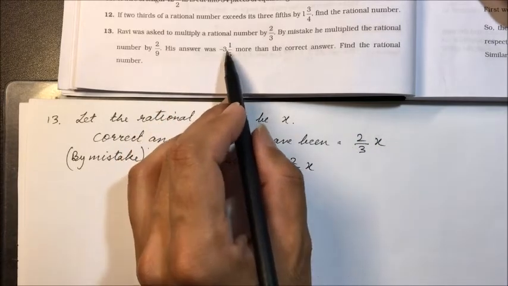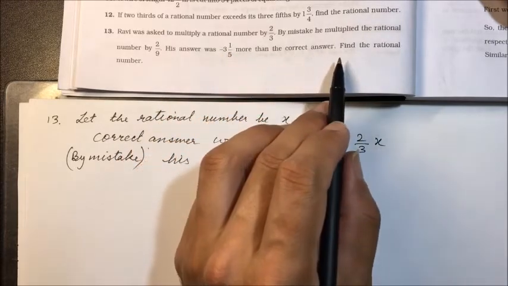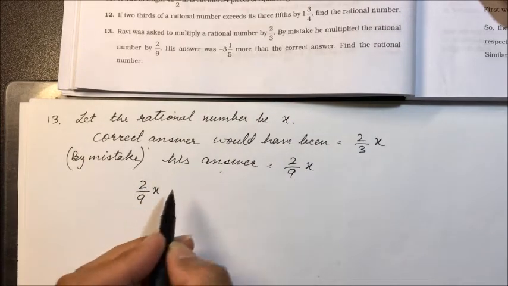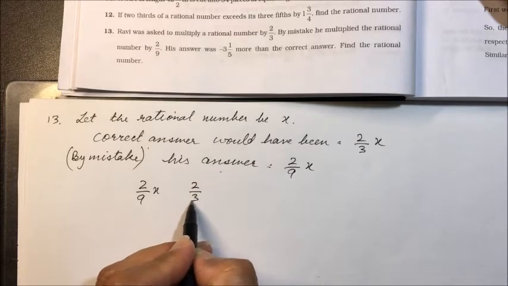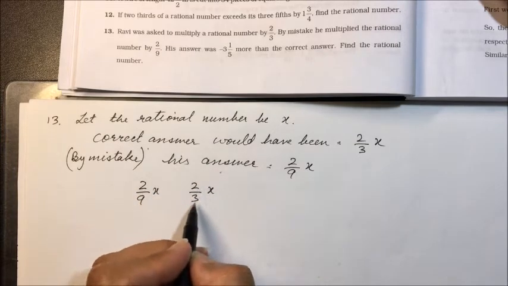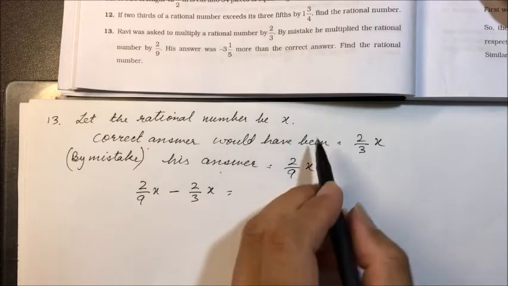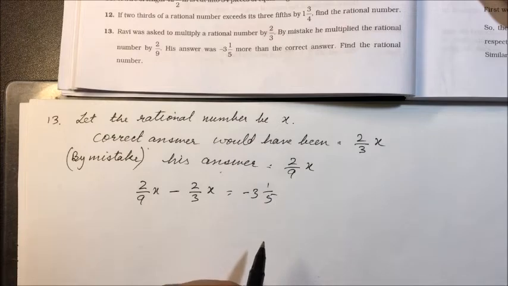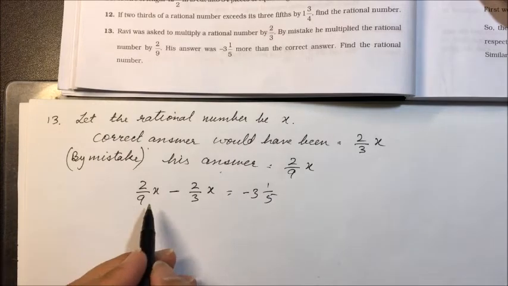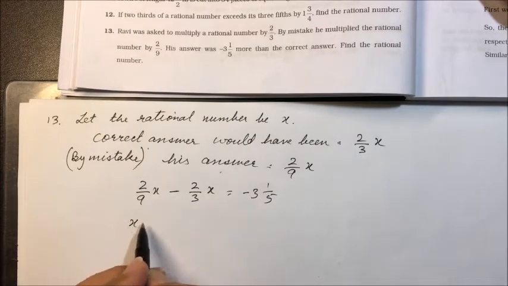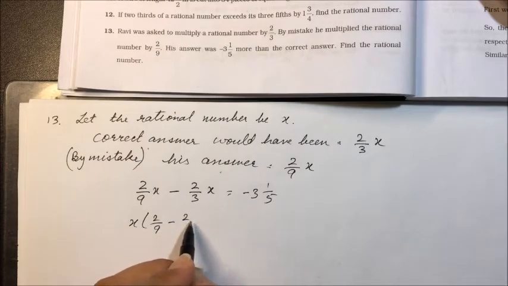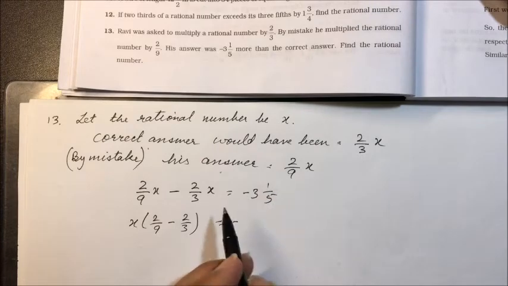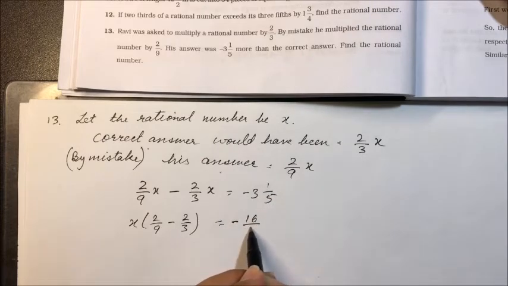Now his answer was minus 3 1/5 more than the correct answer. So we can write the equation: 2/9 of x, that is his answer, and the correct answer was 2/3 of x. This answer is more than this number by how much? Equal to minus 3 1/5. Now we have to solve. We can take x common: x times (2/9 minus 2/3) equal to minus 16 upon 5.